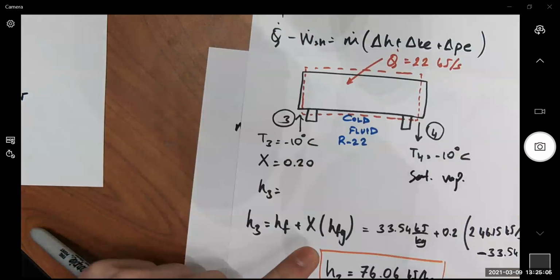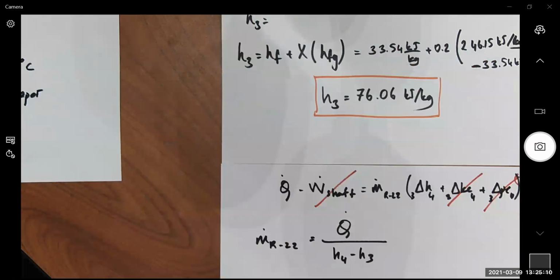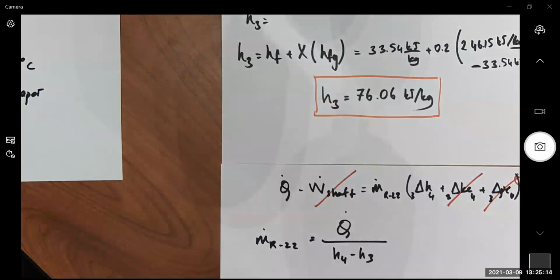I know my exit condition too, temperature, saturated vapor. It's given in the problem. I forgot to put it here. So that means I know my enthalpy at the exit as well.